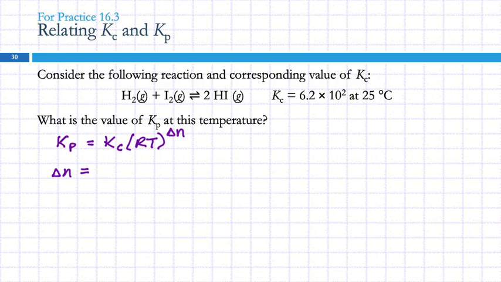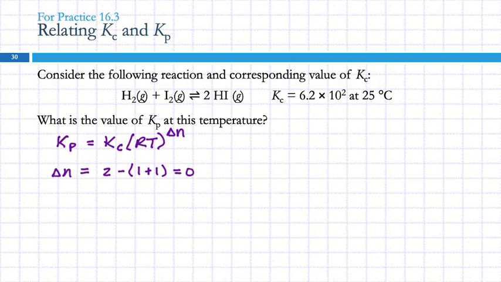It's the total number of moles of gas products. Remember, delta is almost always final minus initial. So it's final moles of gas minus initial moles of gas. So final moles of gas is 2, and then how many initial moles of gas do we have? 2. We have 1 plus 1. So that adds up to 0.